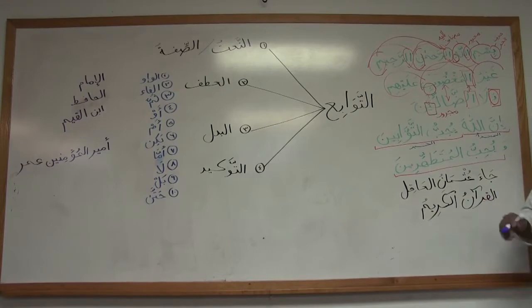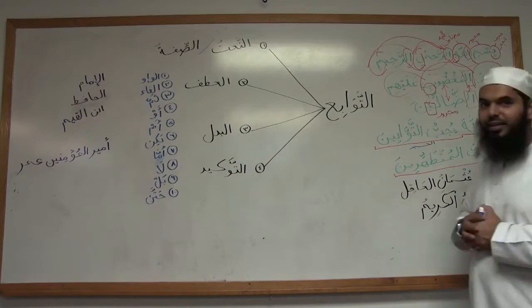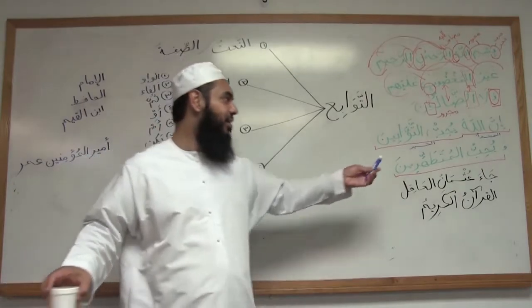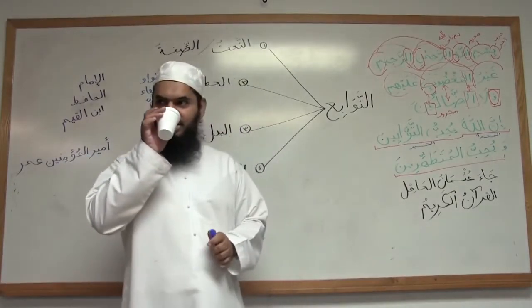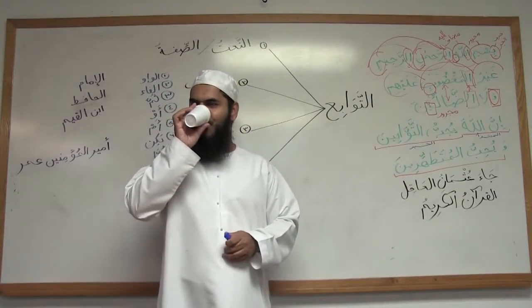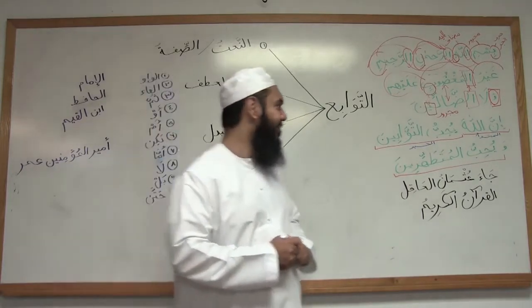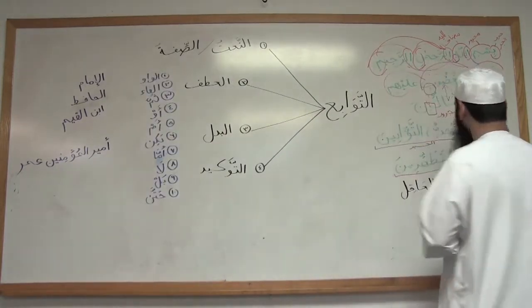يحب التوابين. Okay. What type of khabar is it? There are 4 types of khabar, right? We studied all this. Abdul Rahman, what type of khabar? Khabar kana? Is that yuhibbu? Yes. Very clearly written.